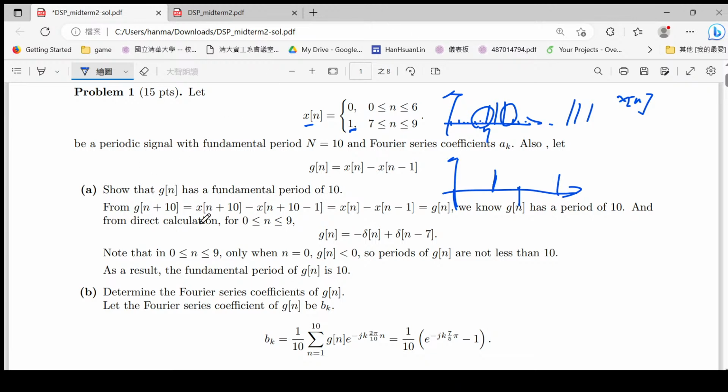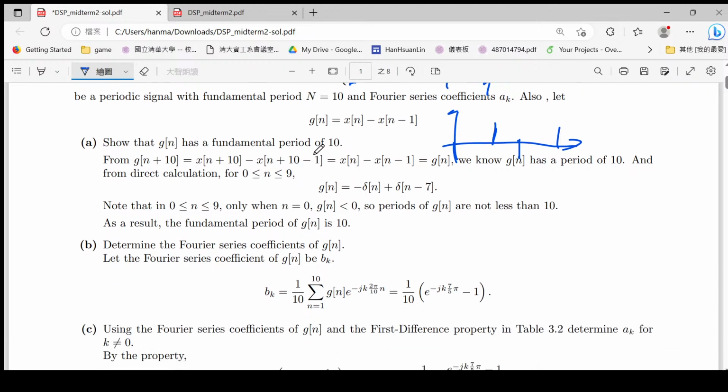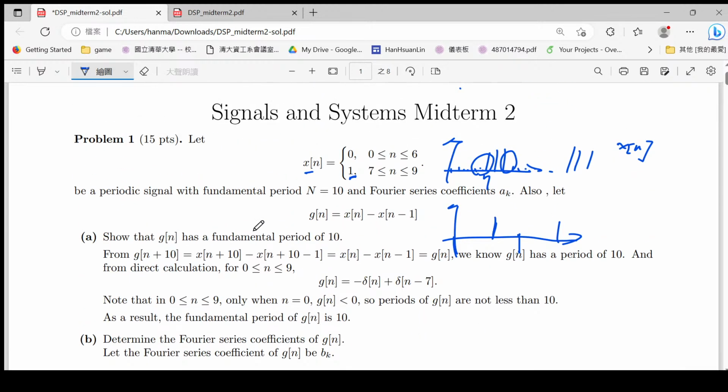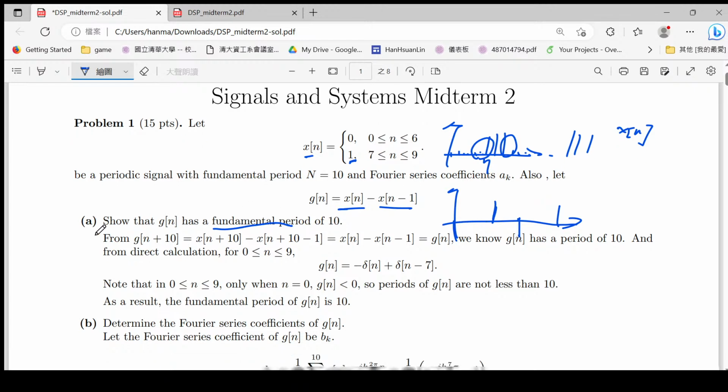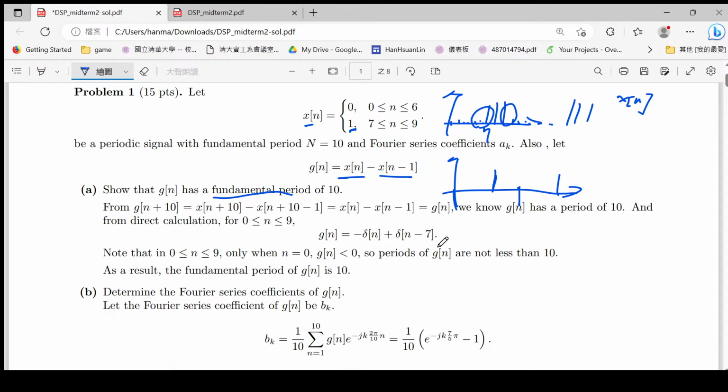And then the first question is asking you to show that g of n has a fundamental period of 10. And so there is a little tricky part here. It's easy to see g of n has the same period as x of n, because x of n has a period 10. So if you just go through this equation, you see that g of n also has a period 10. But you also need to prove that this is a fundamental period, so you need to show that there is no smaller period, and there is no very smart way to do this.